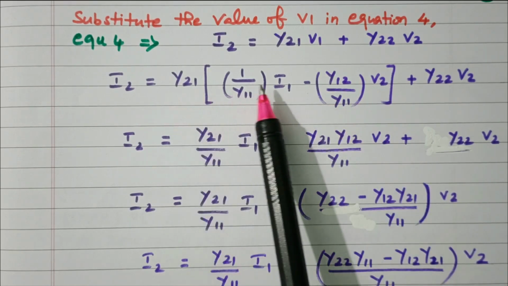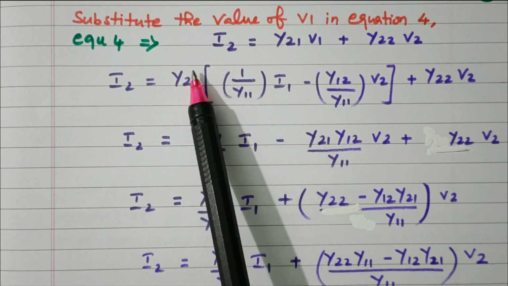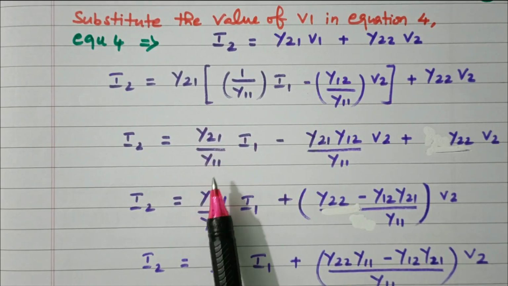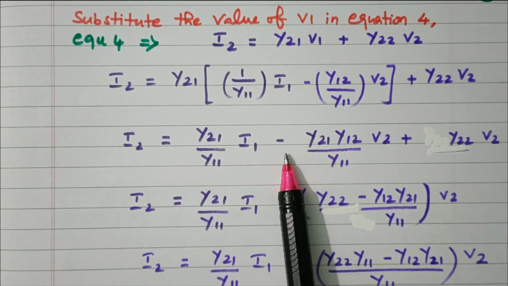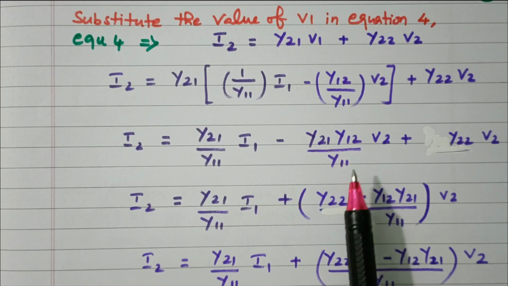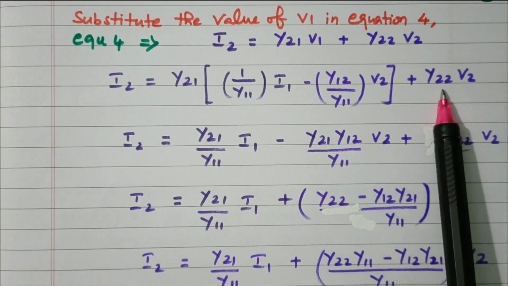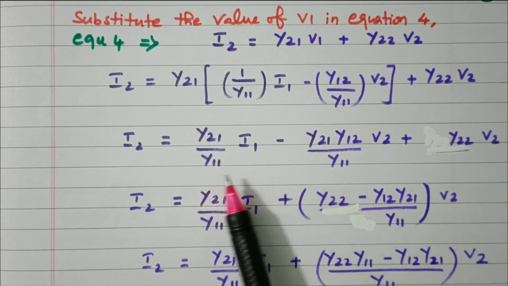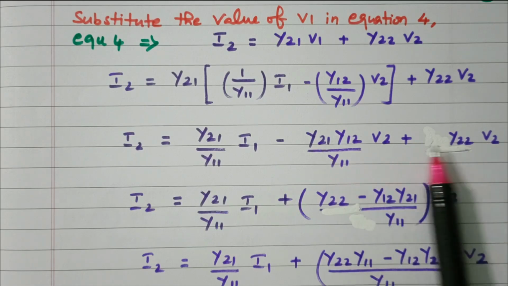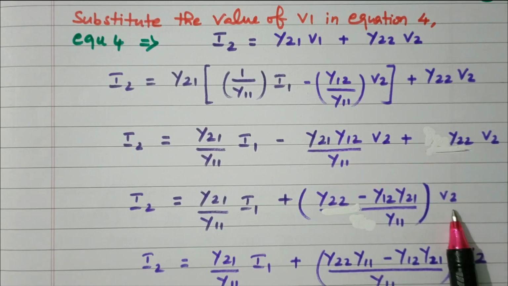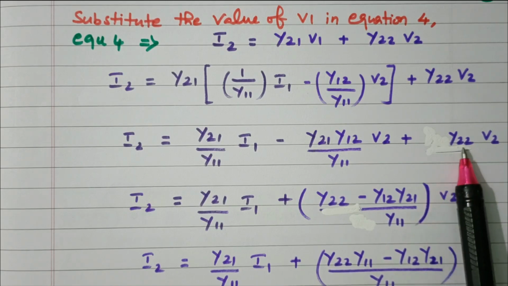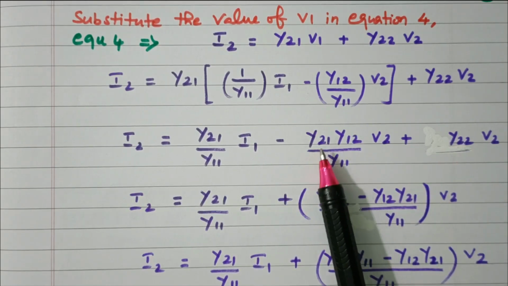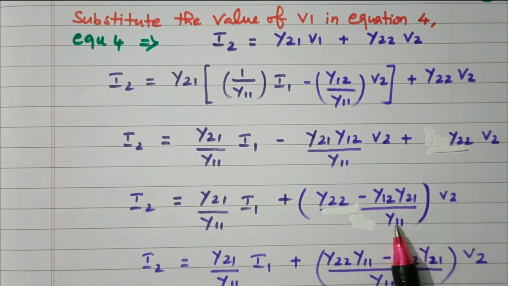Now Y21 is multiplied inside, since it is common between these two terms. So Y21 divided by Y11 I1 minus Y21 Y12 divided by Y11 into V2. Then this term is available, Y22 V2. In these three terms, V2 is available in both the second and third term, so we will take V2 outside. First we write Y22, minus this term, Y21 Y12 divided by Y11.